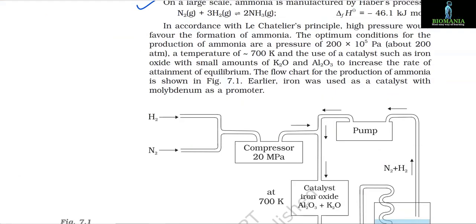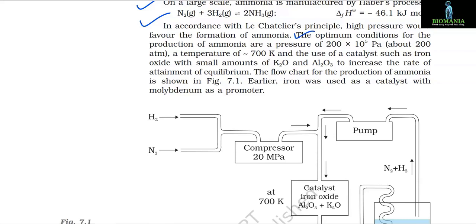On a large scale, ammonia is manufactured by Haber's process, that is N2 + 3H2 gives 2NH3, and it's a reversible reaction and delta H is minus 46.1 kJ per mole. In accordance with Le Chatelier's principle, high pressure would favor the formation of ammonia.